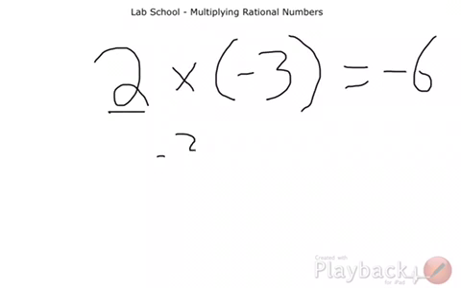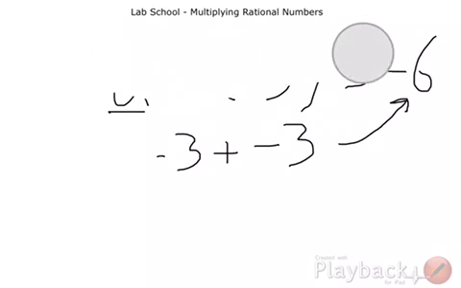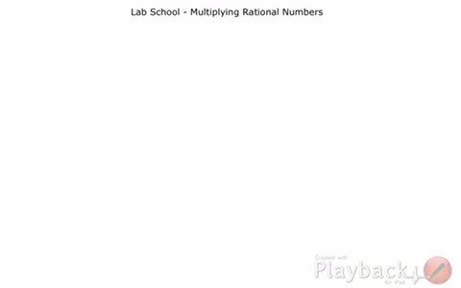So that's negative 3, and then we have another group of negative 3. And if we go back to our integer rules for adding and subtracting, negative 3 plus negative 3 is, you got it, negative 6.